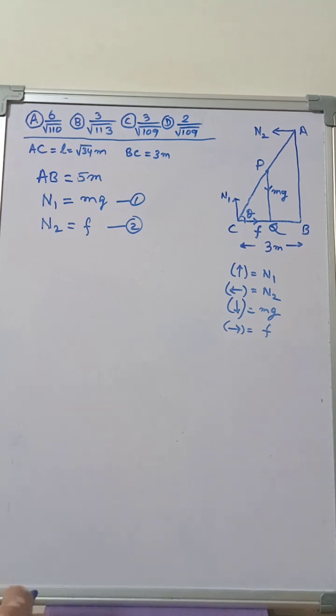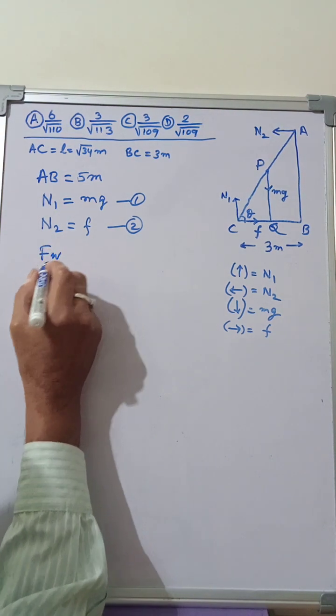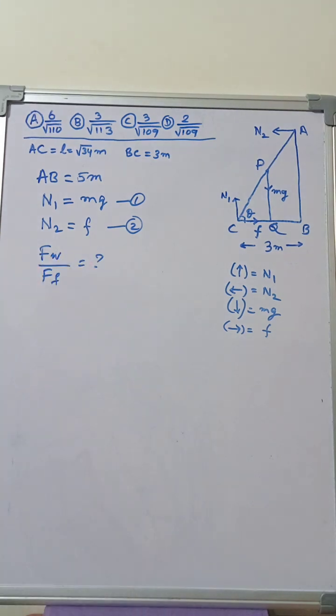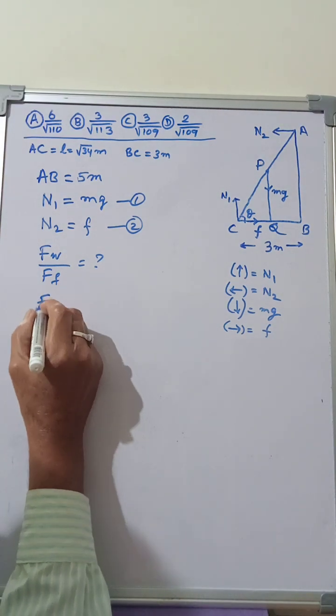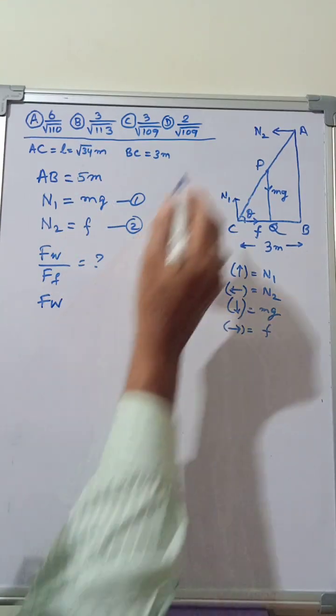Now we need to find the ratio FW divided by FF is equal to how much. This is what we want to find out. Now FW is the force of reaction of the wall, which is equal to N2.